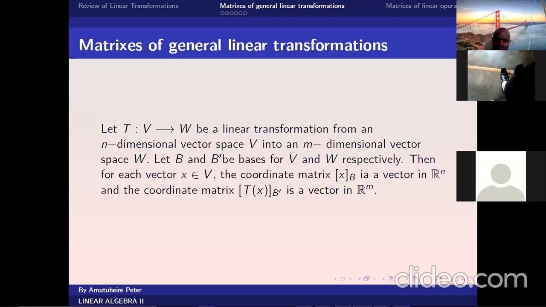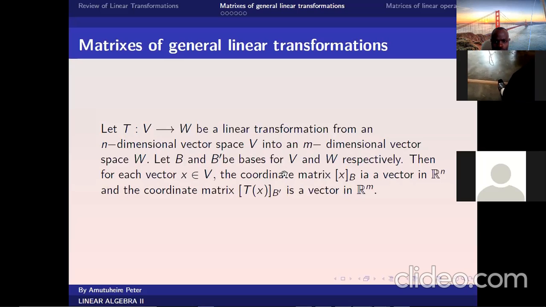And we know the criteria for a given set to be a basis for a given vector space. So since V is n-dimensional and W is m-dimensional, each of them has a basis. The plural form of basis is bases. So B is the basis for vector space V, and B prime is the basis for vector space W.